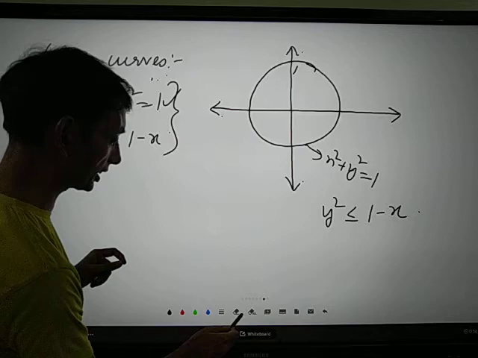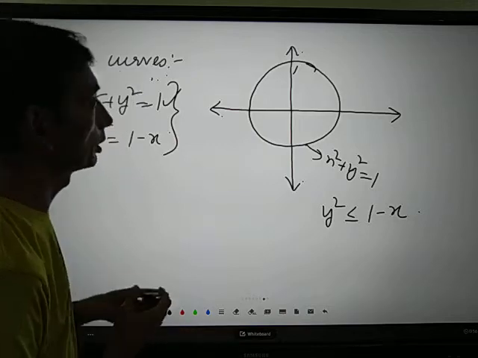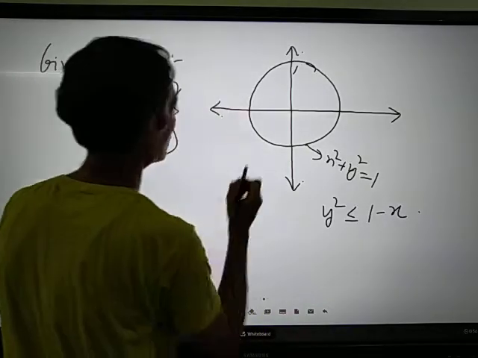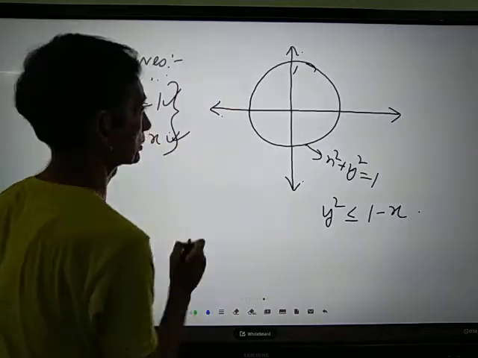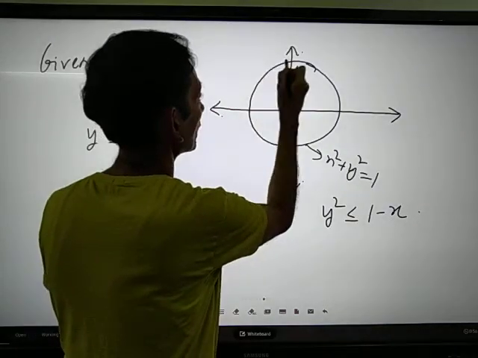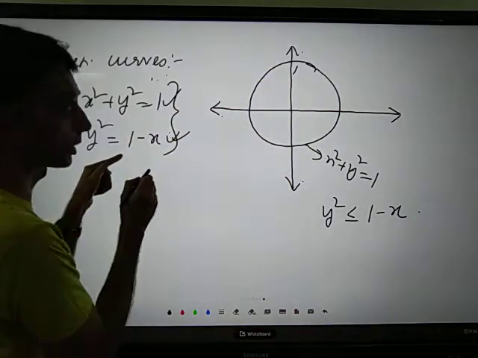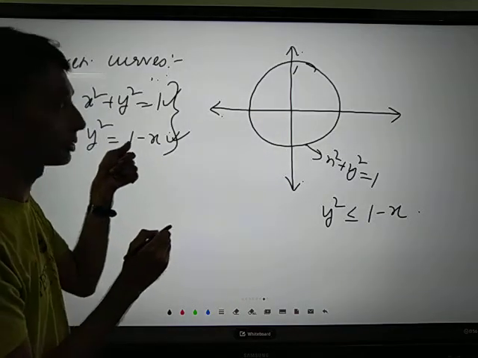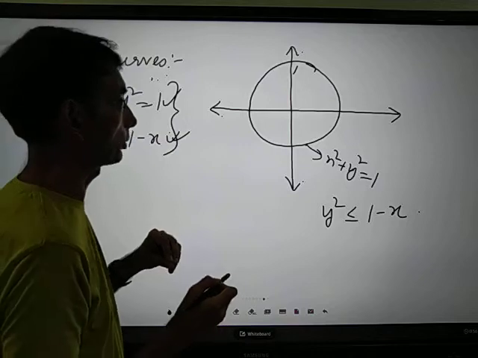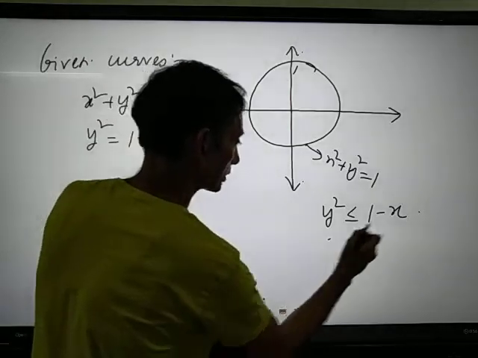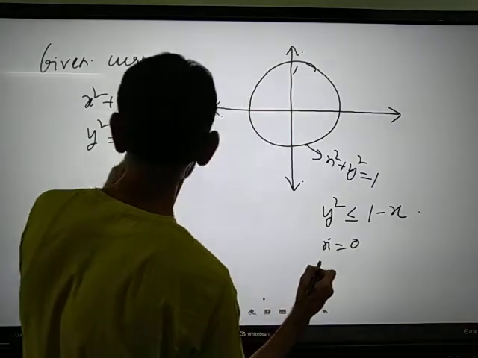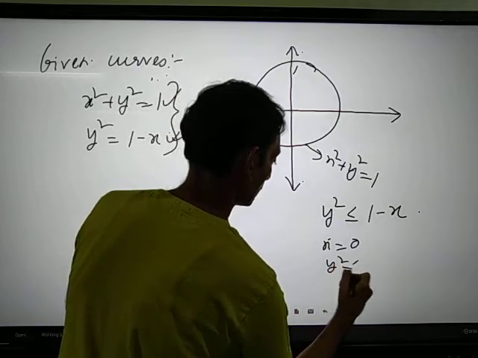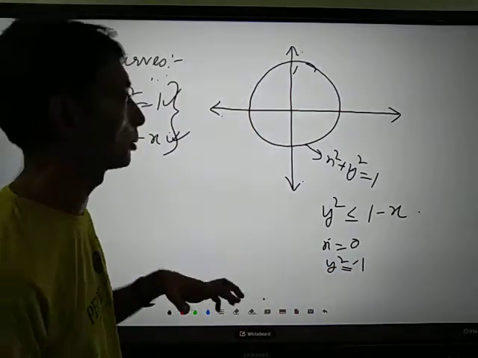So we know that this is a parabola. If you draw this parabola, for x equal to 0, y squared is equal to 1. That means y value will be plus or minus 1 for x equal to 0. So this will give us y is equal to plus 1 or minus 1.